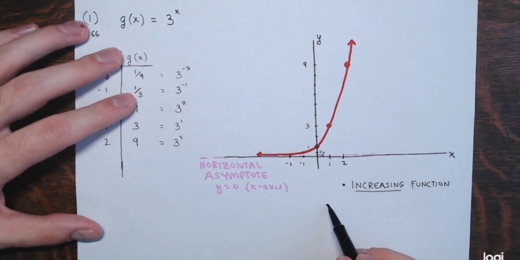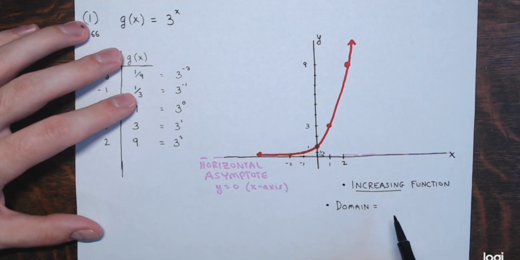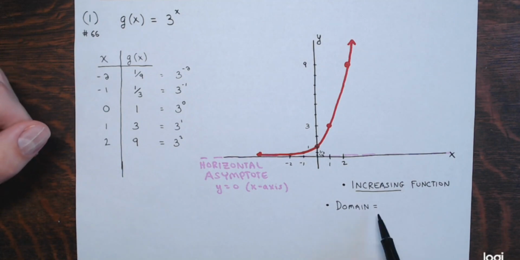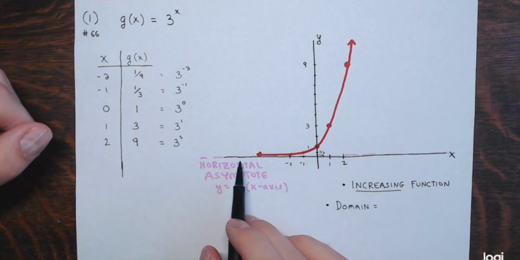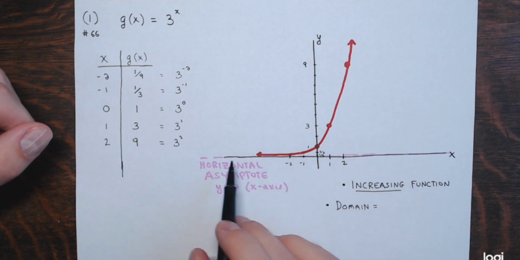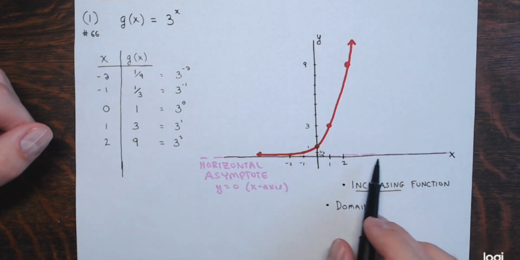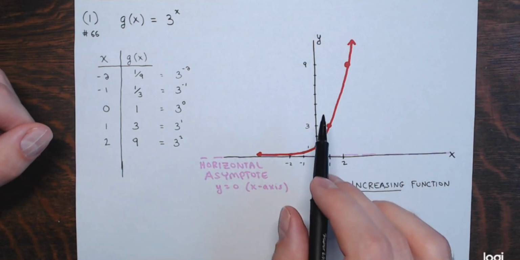Another property we're seeing here is the domain. You should be talking about the domain and range of any function you draw. The domain is all the x coordinates used. Notice, I can plug in anything for x. Any value of x is going to give me a point on this graph.